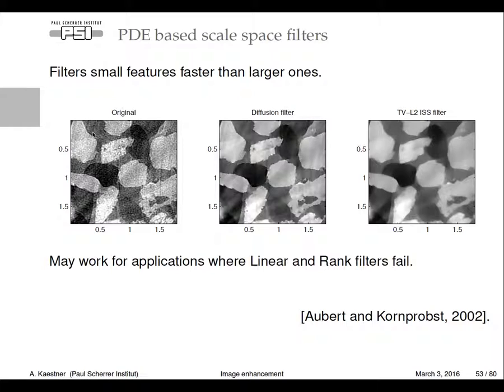The next step is looking at filters based on partial differential equations. And here are some filter examples, a diffusion filter or a total variation filter, where you can really remove much of the texture noise and still preserve, as you can see here and here, the edges very well.